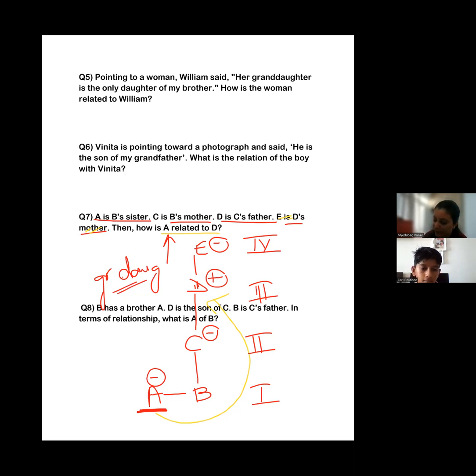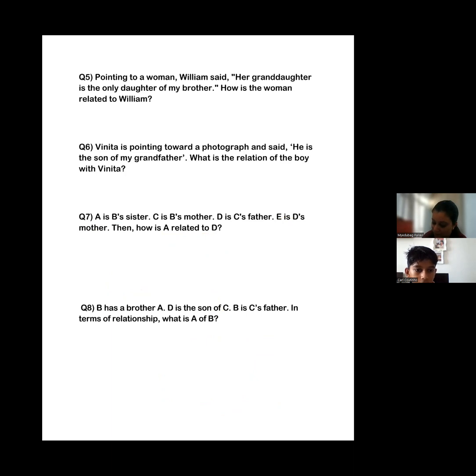Yeah. That is how we make a family tree. Okay, try the eighth one now. Okay.